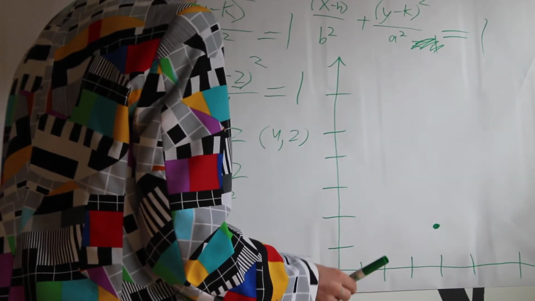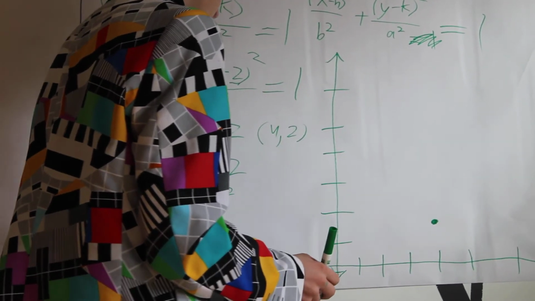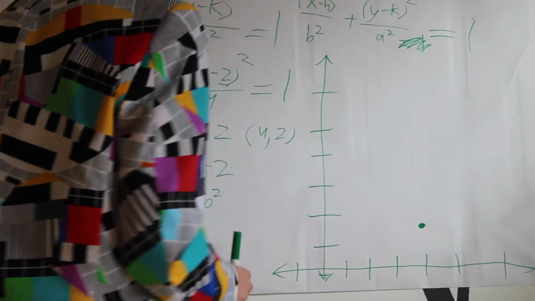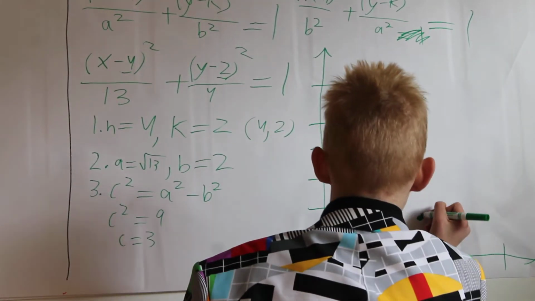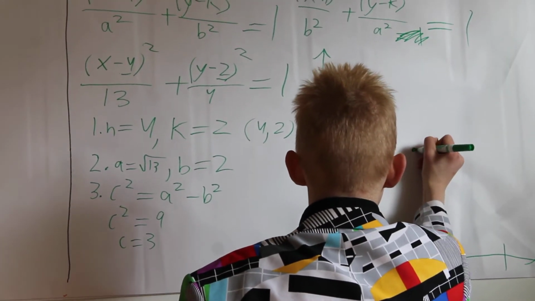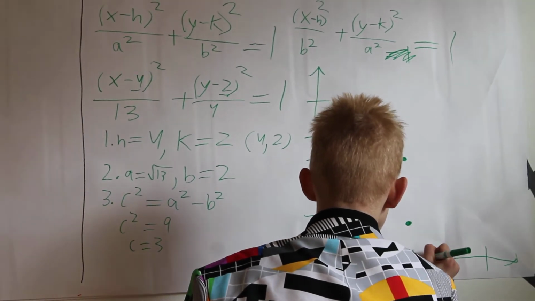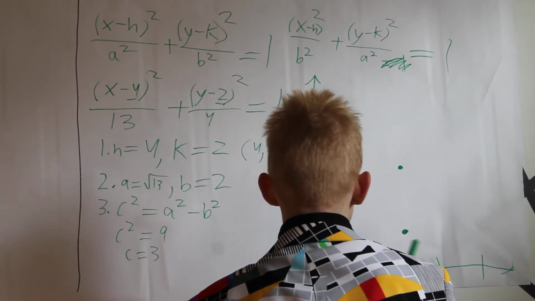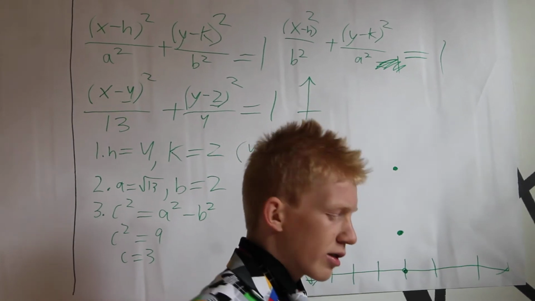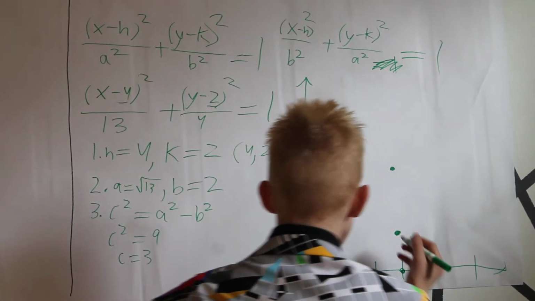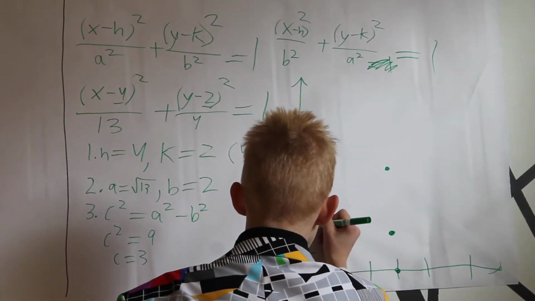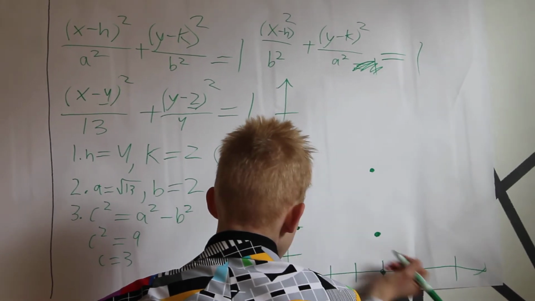So I'm going to count 2 up and down from my graph. I would go 1, 2, 1, 2, and then I'm going to count square root of 13. Square root of 13 is about 3.6. So I'm going to go 1, 2, 3, about 3.6 right here.